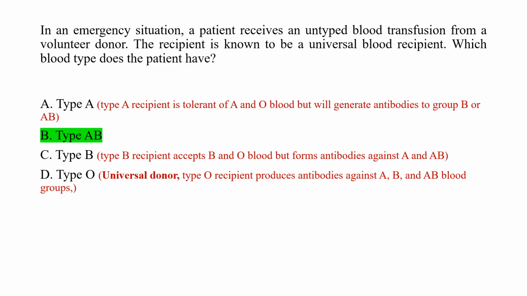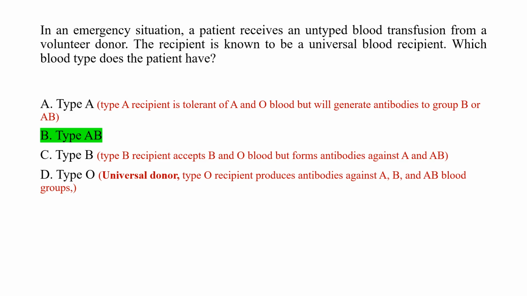Option A is incorrect because a type A recipient can accept blood from type A or type O donors. They will produce antibodies against type B or AB blood. Option C is incorrect because a type B recipient can accept blood from type B or type O donors, and they will generate antibodies against type A and AB blood.